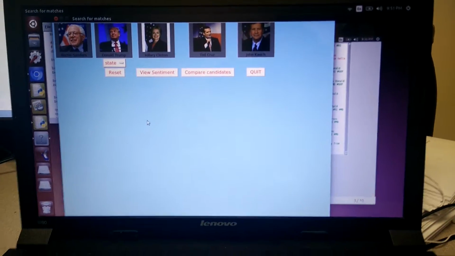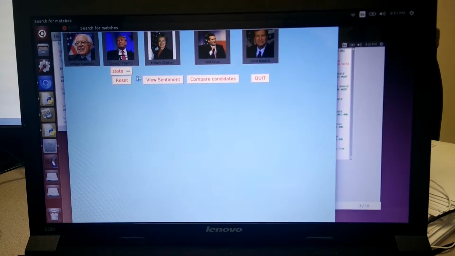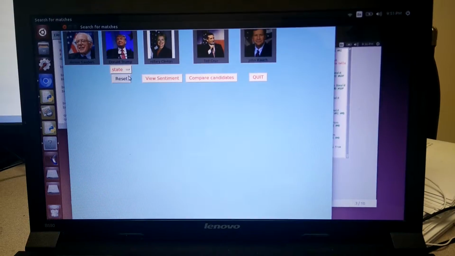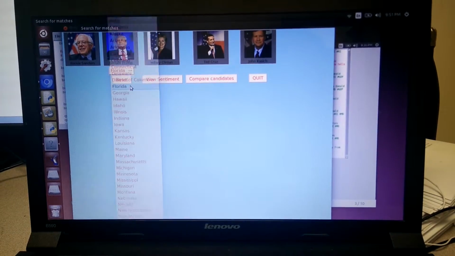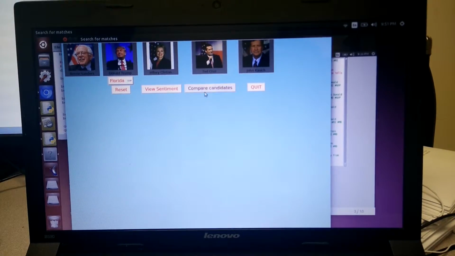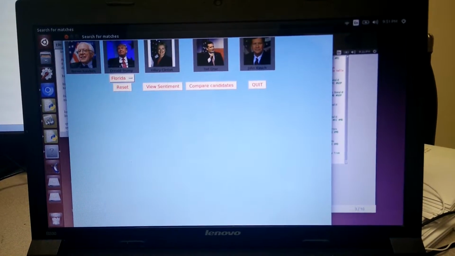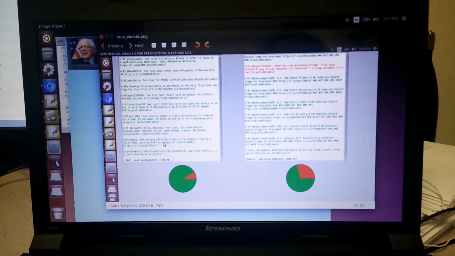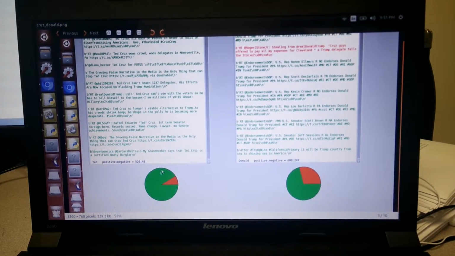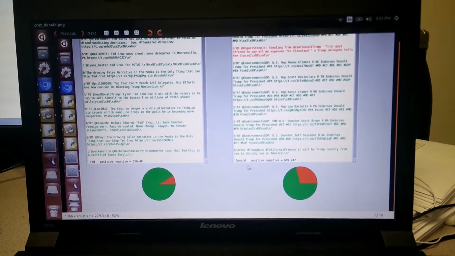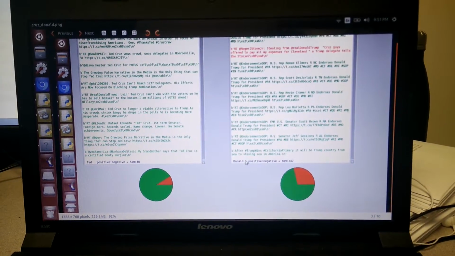Now let's see Trump and Cruz in the state of Florida, which is a swing state for the Republicans, I would say. The compare candidates feature takes time, so I'll pop up the image again. You can see the sentiment is positive towards Ted and slightly less positive towards Donald, but both have a positive sentiment here.